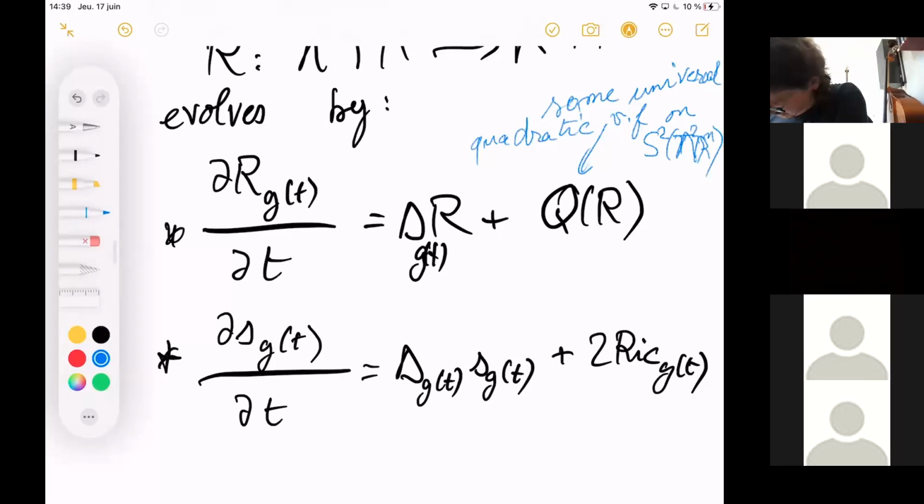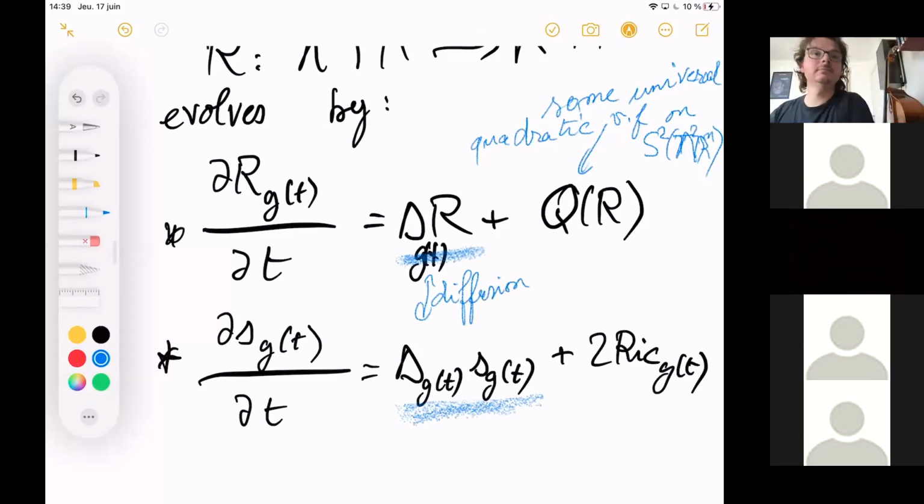The diffusion is the Laplacian term, and the reaction term is this nonlinear term that you have. Oh, I forgot the norm. Is that what you were saying, Laurent? Okay, I was too quick. And so this is the reaction term.